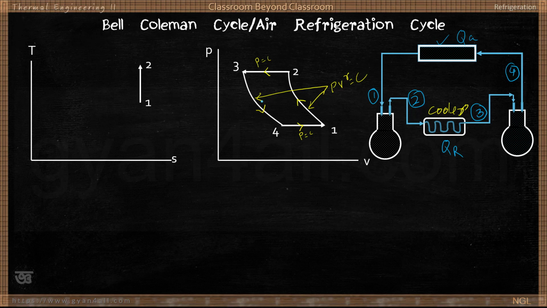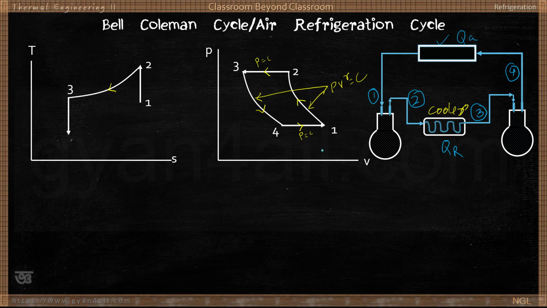What we can see from the TS diagram, what is decreasing? Temperature is decreasing. Why is temperature decreasing in the 2-3 process? Because it is a heat rejection process in the cooler.